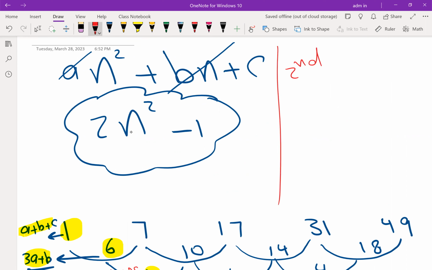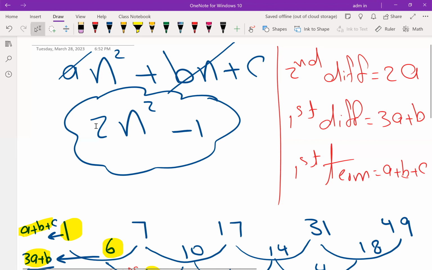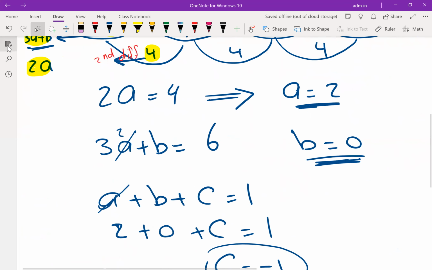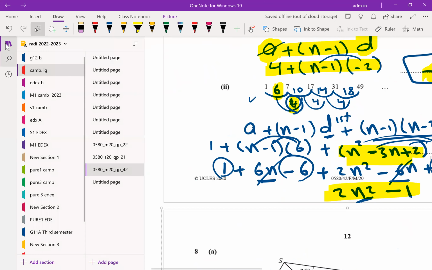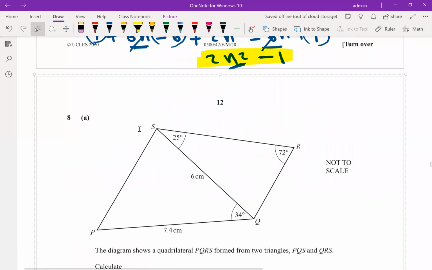The second difference is 2a. The first difference is 3a plus b. The first term is a plus b plus c. Clear? Then solve the equations. You can find a, b, and c. The final answer is 2n squared minus 1.